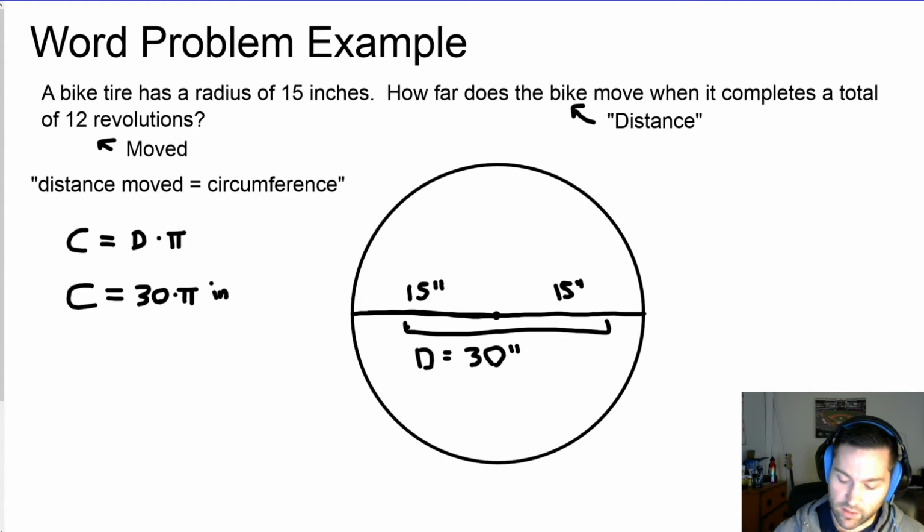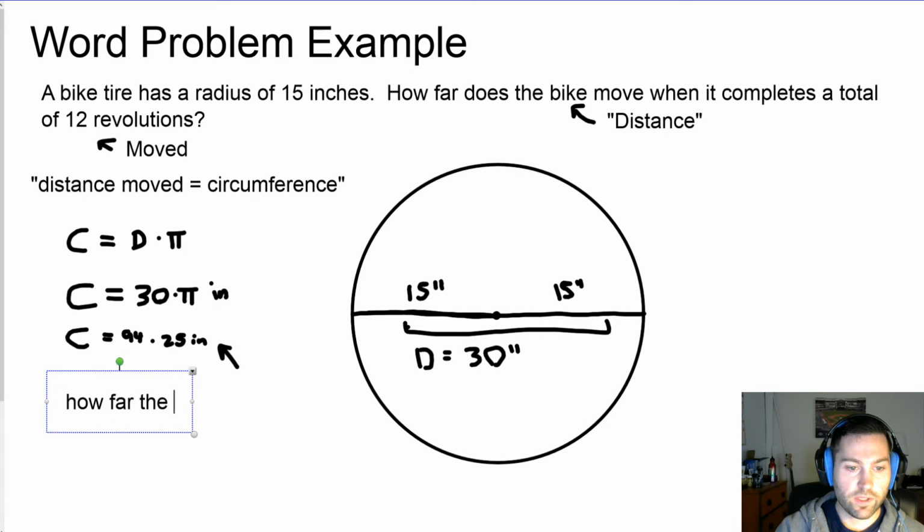So I would take my calculator and I would do 30 times pi, and the circumference would actually be 94.25 inches. So this right here is how far the tire turns per revolution.